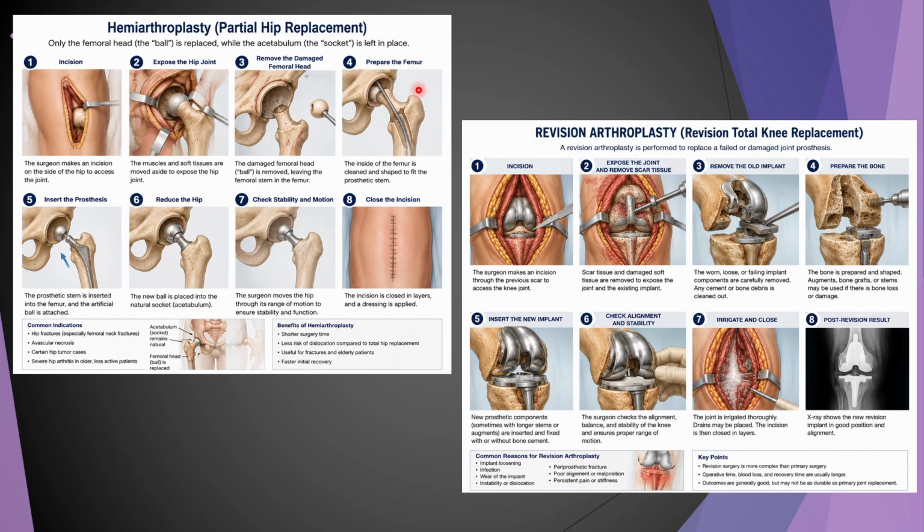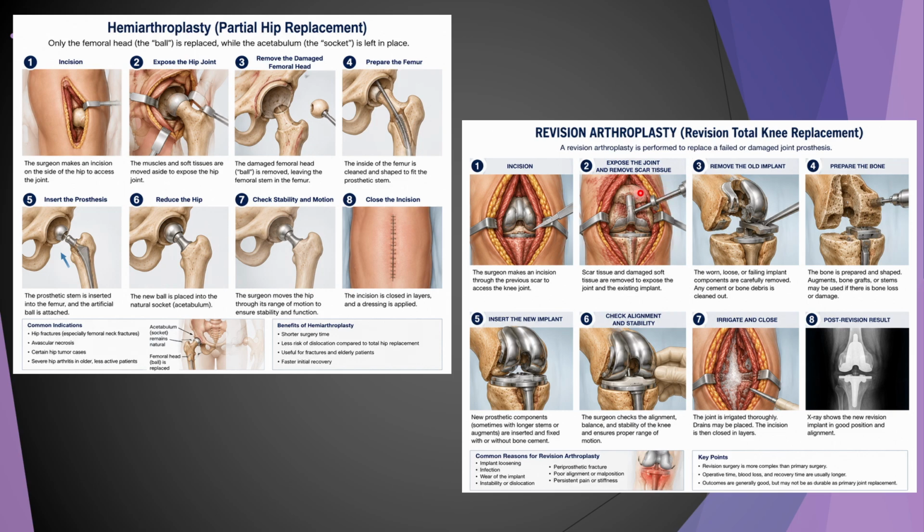He will prepare the femur and insert the prosthesis. Then he will reduce the hip, check the stability and motion, and close the incision. Here only the femoral head is replaced and the acetabulum is left in place. So only one part is replaced; this is hemiarthroplasty.